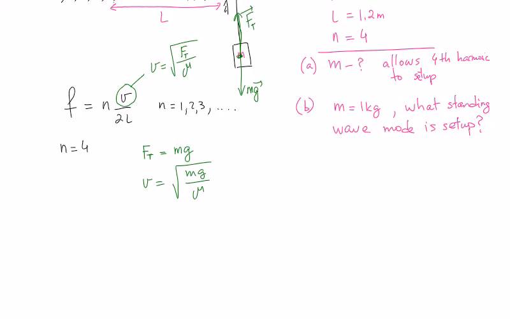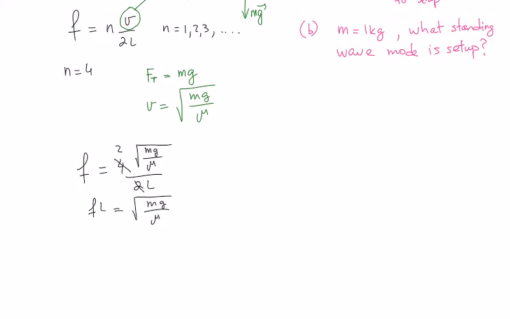So we have the frequency equals 4 times the square root of mg over mu, over 2L. One of the 2's will cancel out, and I have fL equals the square root of mg over mu.